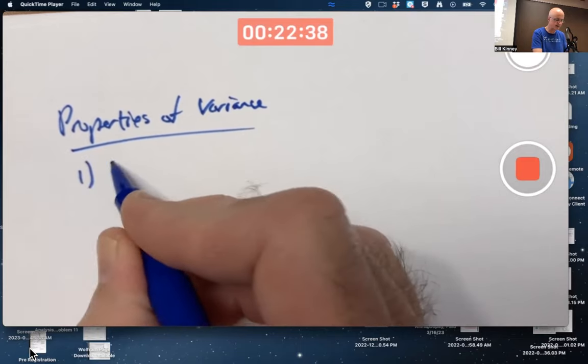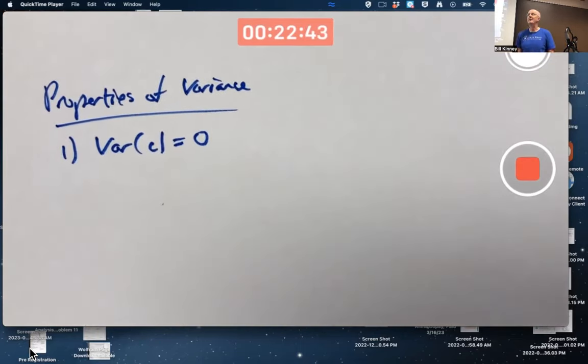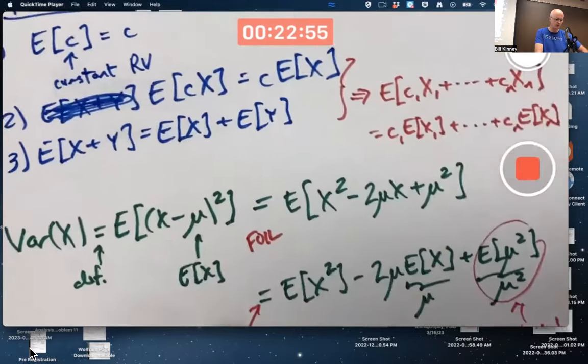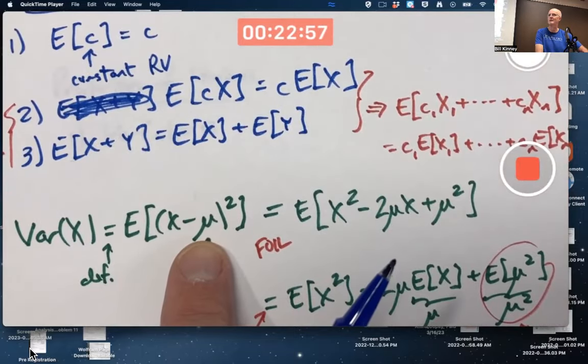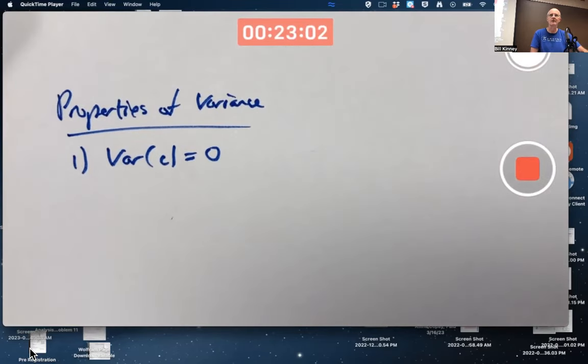First property is that the variance of a constant is 0. If your random variable is constant, there's no variability. It's always equal to C with 100% chance. Its mean is C. Going back to the definition of the variance, x will always equal mu, so x minus mu will always equal 0. 0 squared is 0. You will get a variance of 0.